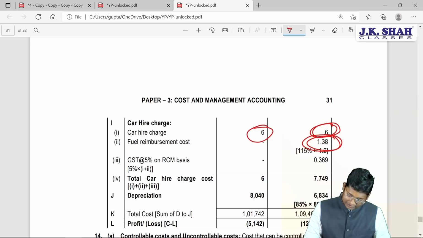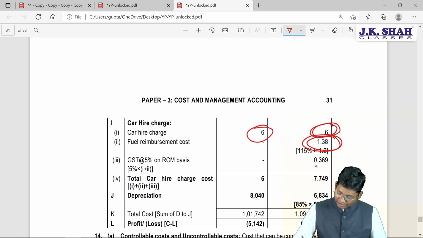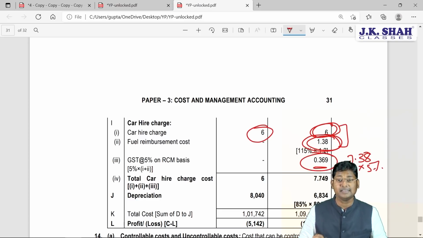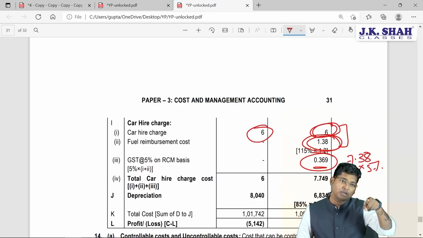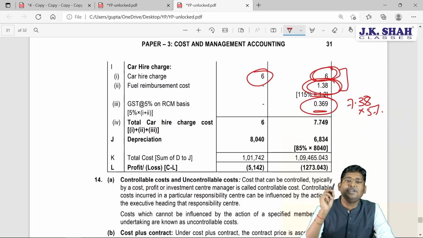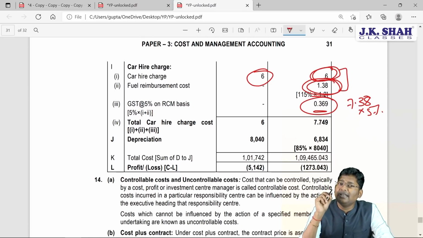And from that calculation, if you calculate your GST, you will get 369 of this combined amount, 7.38 into 5%, you are going to get the GST. So hire charge plus fuel cost, total cost will attract some GST, and that GST is taken into consideration if ITC is available. If claim is available, in that case we are going to exclude the GST from our calculation.